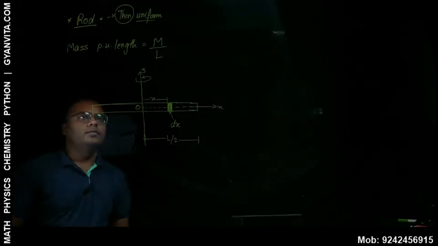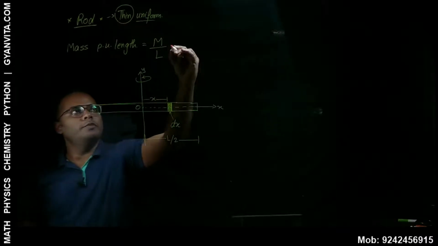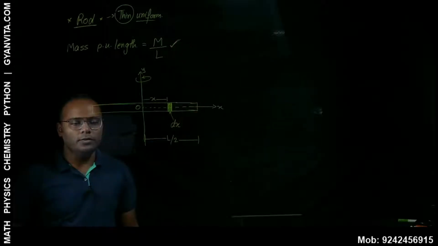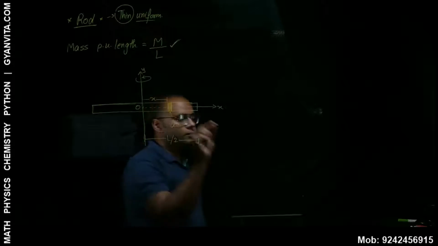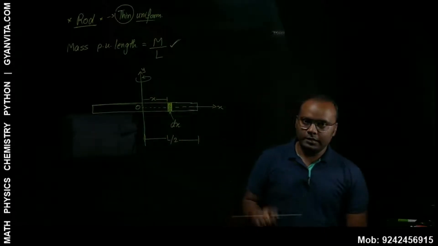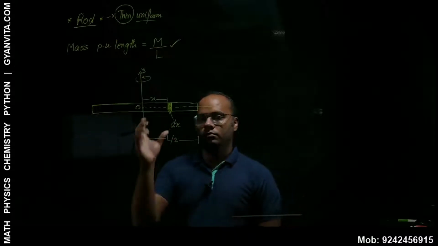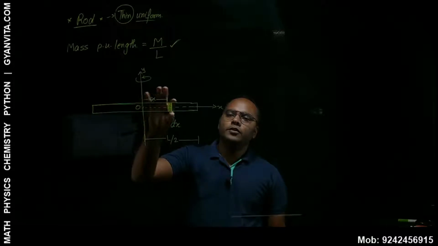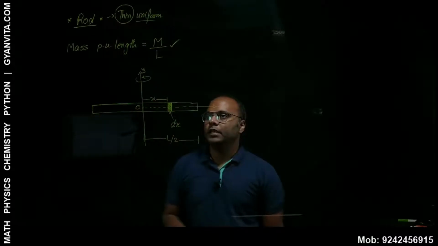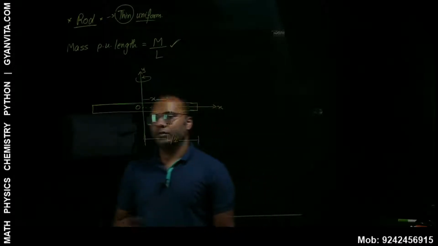We have already seen the mass per unit length. Next, you have to find the mass of this small segment, then find dI, the moment of inertia of this small segment about this axis, and then integrate. The process remains the same.